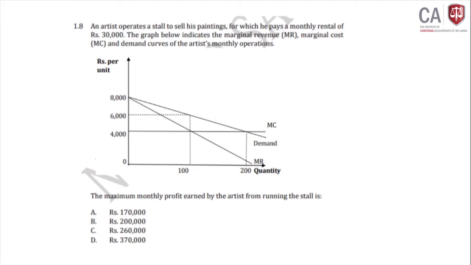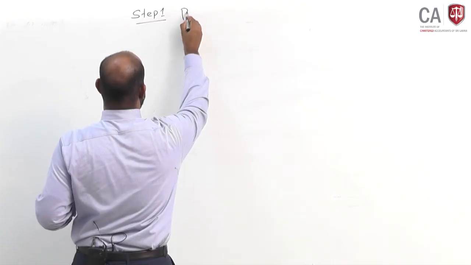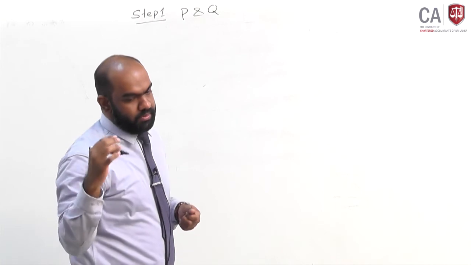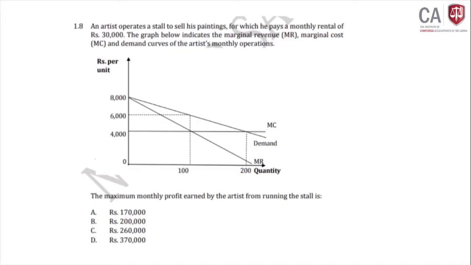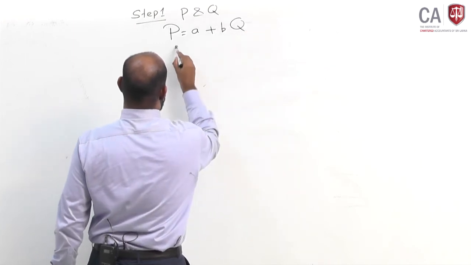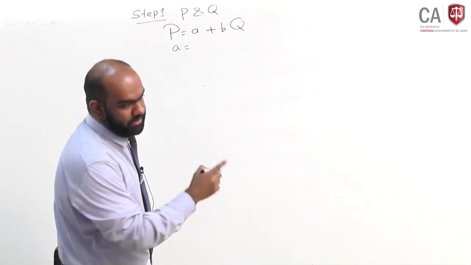To do all marginal revenue, marginal cost, your first step is to establish the relationship between price and quantity. So let's write step number 1, price and quantity relationship. You need at least 2 points, but since the point starts with 8,000, we know if you look at price equals, let's say, A plus BQ, we know A's value because it starts with 8,000.